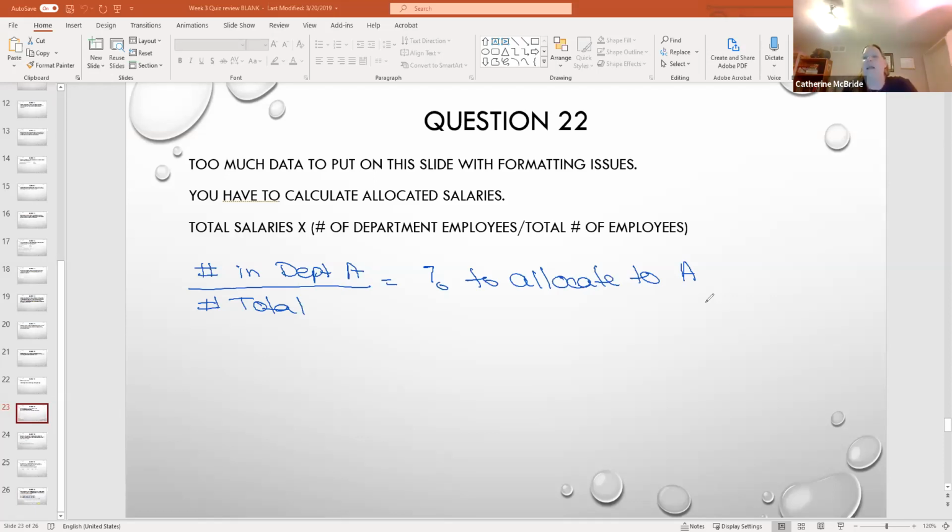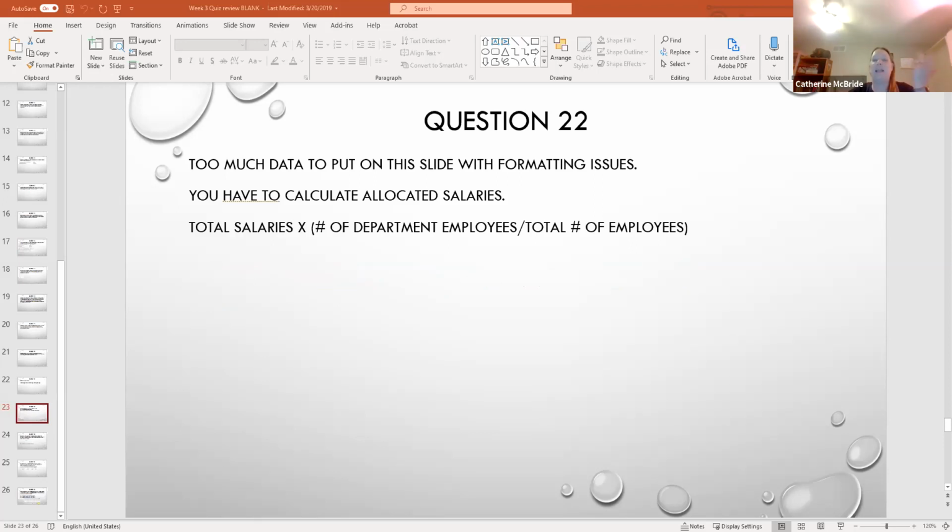You're going to take that department's numbers divided by the total to get the percent to allocate. Yeah, and then that's when we multiply it to the total salaries, correct? Yes. Okay. That's how you know how to allocate it to department A or department B.